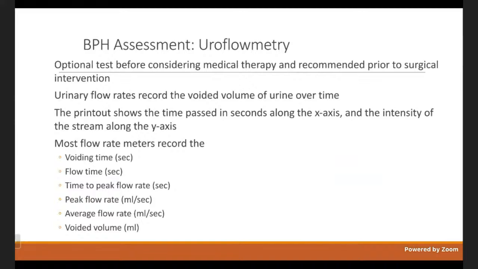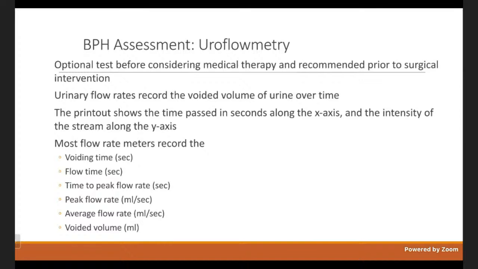As I told you, though it has been recommended as an optional study by the AUA guideline, one of the most important tests which we do in the management of patients with benign prostatic hyperplasia is uroflowmetry. Uroflowmetry records the voided volume over time.